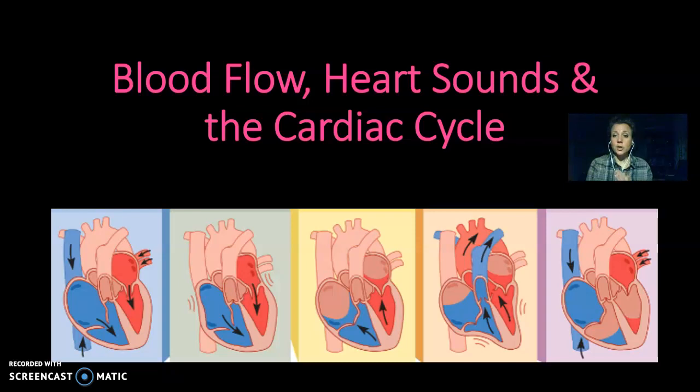It may interest you to know that one cardiac cycle happens every 8/10 of a second. That is how fast this is happening. And so the picture that I have here on this slide are the various phases of the cardiac cycle, which is what we're going to go through right now.